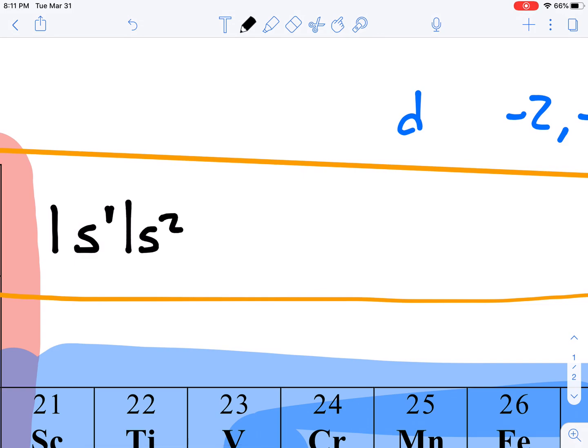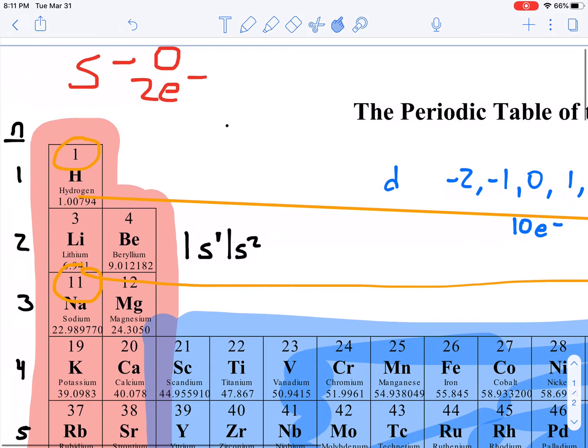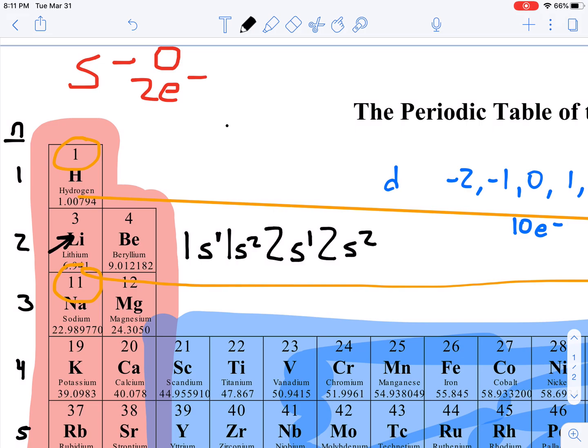Energy level is a whole number, S is a lowercase letter, and then the number of the electron is a superscript. After that, find number 3. Number 3 is here, it's lithium. Lithium is in the second energy level, S sublevel, element 1. Then beryllium, second energy level, S sublevel, second element.